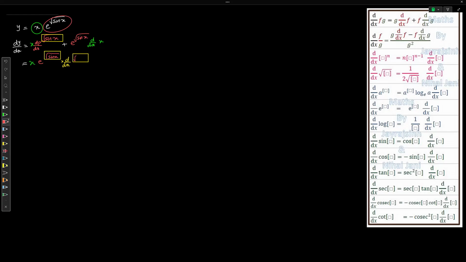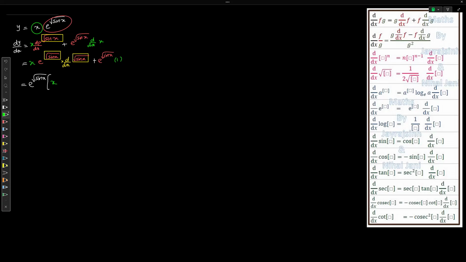Root sin x. Plus, in the second term, e raised to root sin x will be as it is, and the differentiation of x will be 1. Done. Now from both terms we can take e raised to root sin x common.